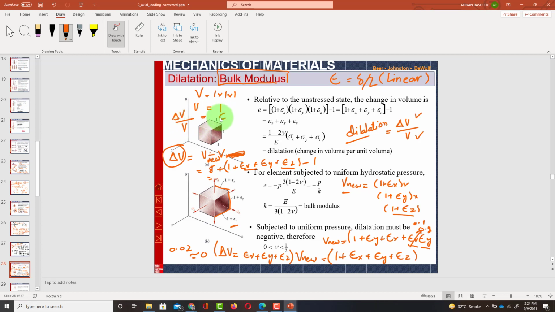So change in volume क्या है? एप्सिलॉन x प्लस एप्सिलॉन y प्लस एप्सिलॉन z. ओरिजिनल वॉल्यूम क्या था? 1 था, ठीक है ना। So this is known as dilatation, ठीक है ना। अब बल्क मॉडुलस क्या है? बल्क मॉडुलस जिस तरह आपने यंग मॉडुलस पढ़ा था इसी तरह बल्क मॉडुलस भी है। Bulk modulus is actually the material property and it is resistance to the volumetric deformation. Bulk modulus आपको शो करता है resistance to the volumetric deformation.